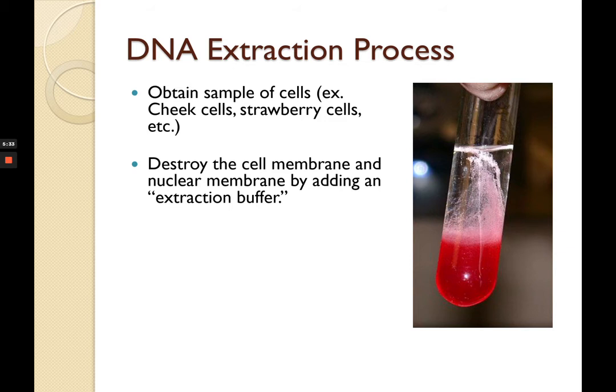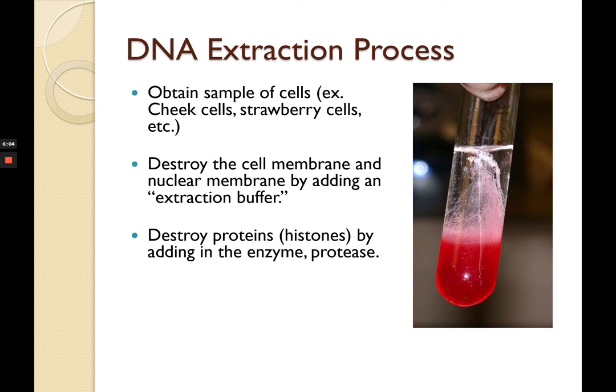Destroying the cell membrane allows you to access the nucleus, but the nucleus is also protected by a membrane. We do that by adding something called an extraction buffer, which is simply a mixture of salts and soap, like dishwashing detergent.